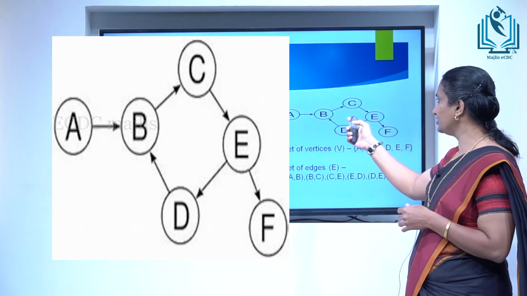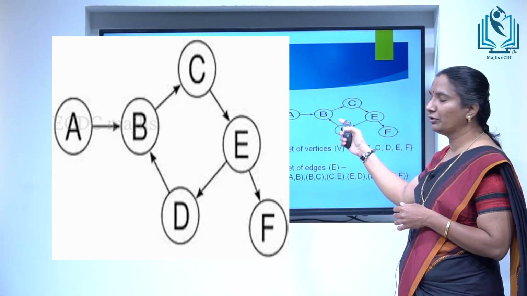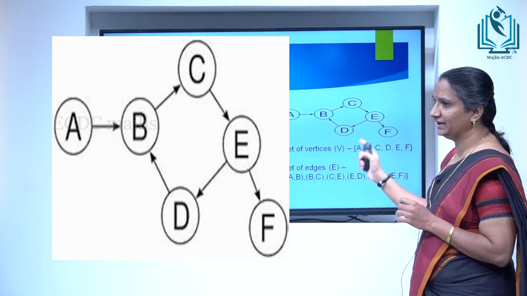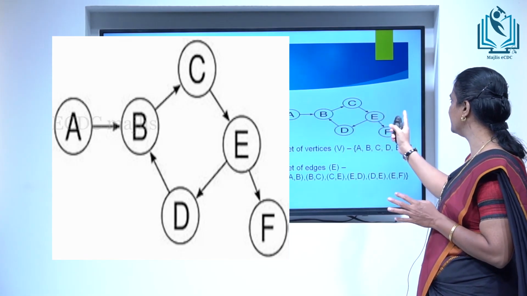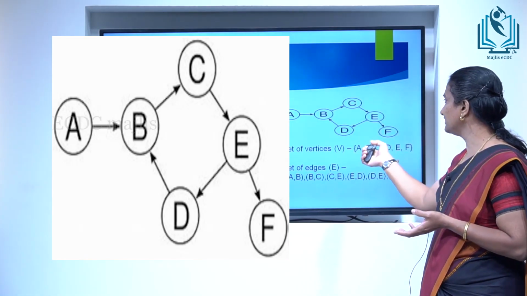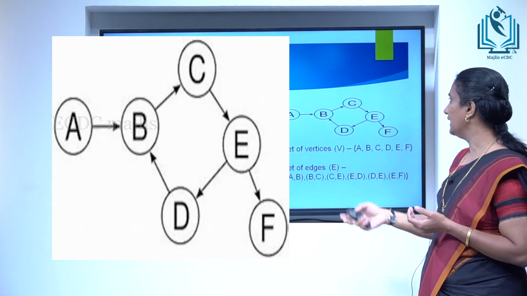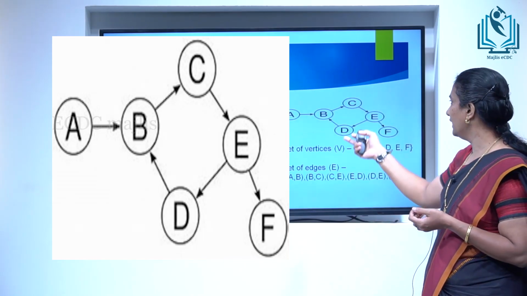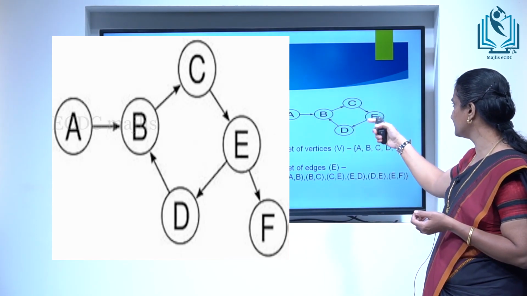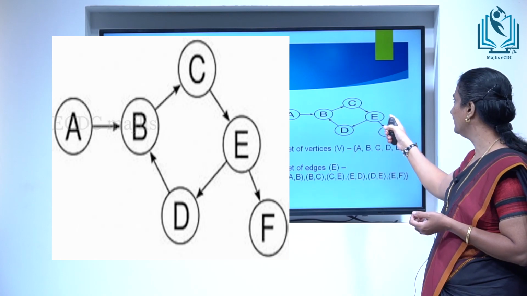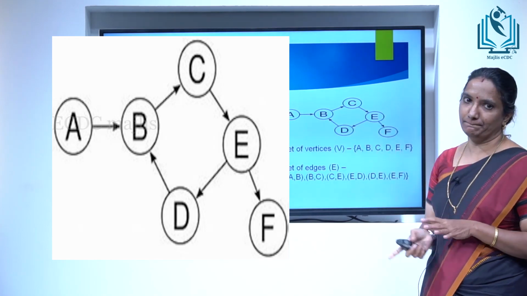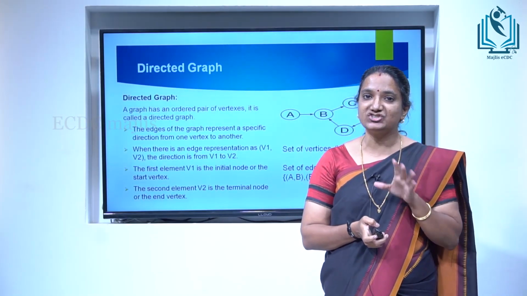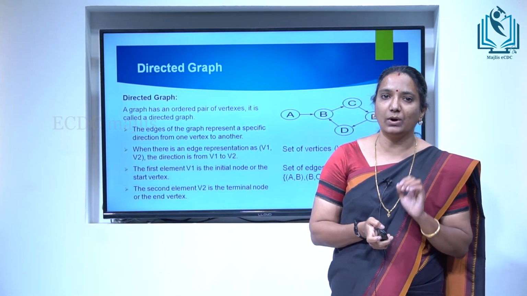So here, the edge can traverse from A to B, not B to A. Like that, B to C, C to E, E to F. The set of vertices in this graph V is A, B, C, D, E, F, and the set of edges is (A, B), (B, C), (C, E), (E, F), (E, D), (D, B). So in a directed graph, there is a direction, that is, the edge can traverse only in one direction.